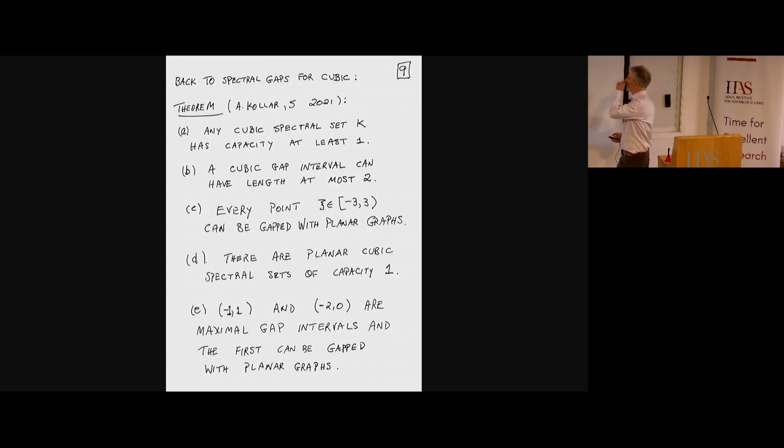All right, so now I'd state the main theorem concerning what we know about cubic, and then I'll start restricting to planar, and then start restricting to fullerenes, because I want to see how things rigidify. Okay, so any spectral set has capacity at least 1.